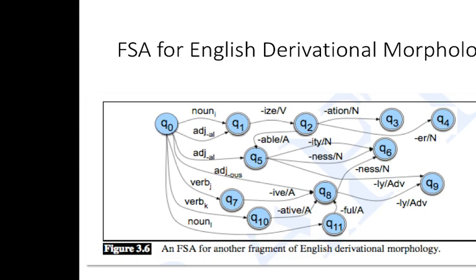So you have different verb classes, verbs of J, verbs of K, different noun classes, nouns of I, nouns of L. If you're one of the stems in that class, then you go to particular transitions, and these are all suffixes, so that makes it a little bit easier. If you had to do the prefixes, then you would need to do it a little bit differently.